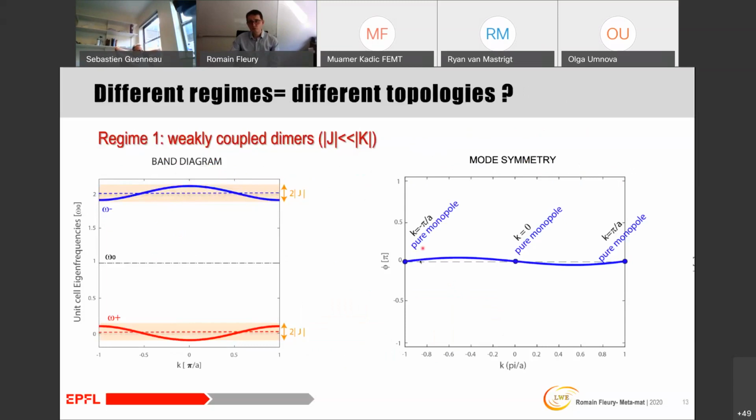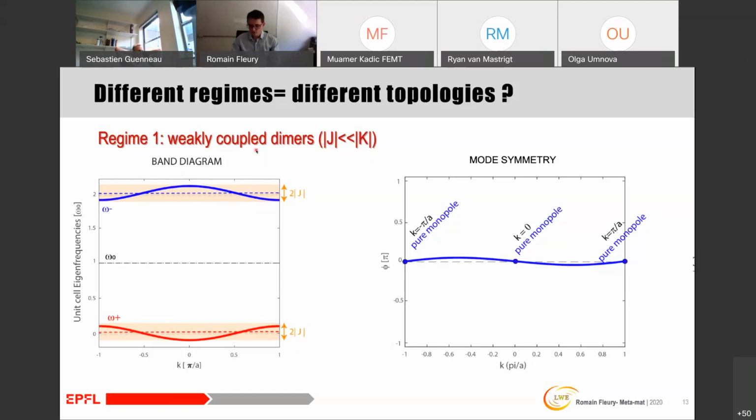And I see that it's pretty much a monopole everywhere on the band. In particular, at the center of the Brillouin zone it is a pure monopole, and at the edge it is a pure monopole. That's for the blue band. The other band is also a pure mode. It's more or less a pure dipole everywhere. So that's the first regime, weakly coupled dimers.